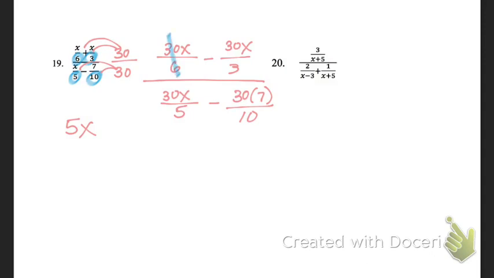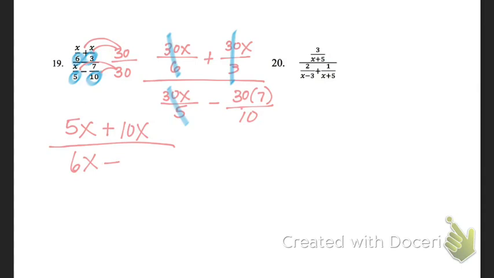Then this, you told me, reduces to 5x, minus 30 over 3 reduces to what? 10x. Oh, it's a plus. 30 over 5 reduces to 6x.